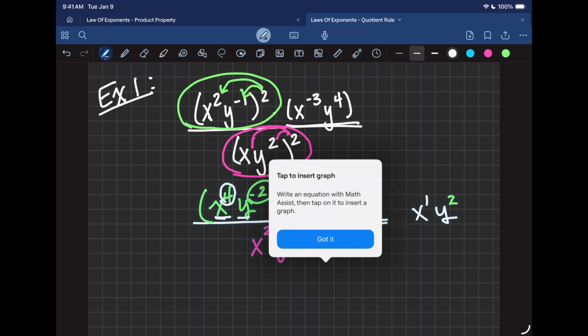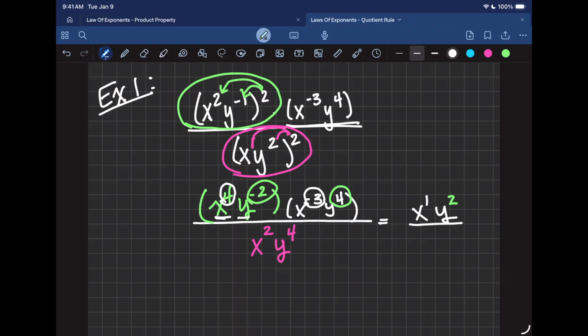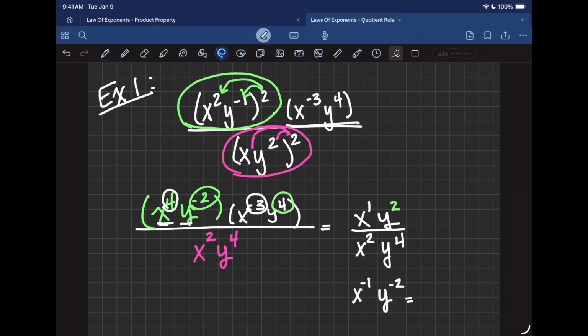From here, I'm going to recopy what we had in our denominator. So I have x squared and y to the power of 4. Now we are going to do our quotient rule. We have our 2 bases of x and y, and now we're going to subtract. 1 minus 2 is a negative 1. 2 minus 4 for my y's is a negative 2. Because these are both negative and I want them to be positive, I'm going to rewrite those at the bottom over here.